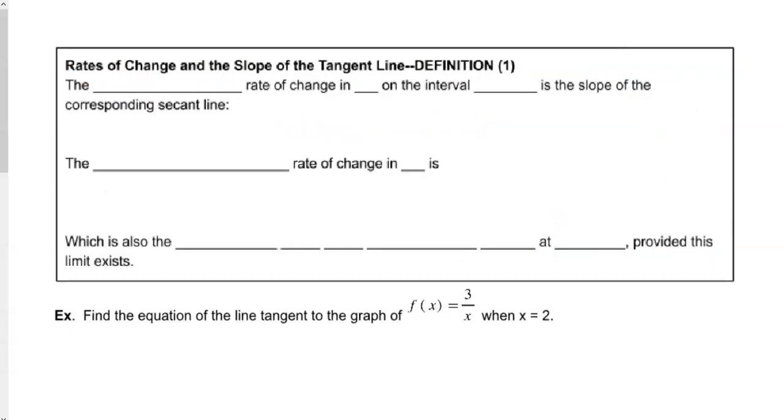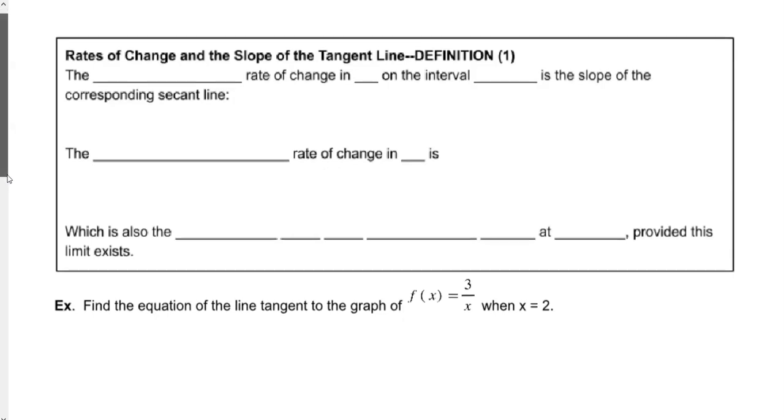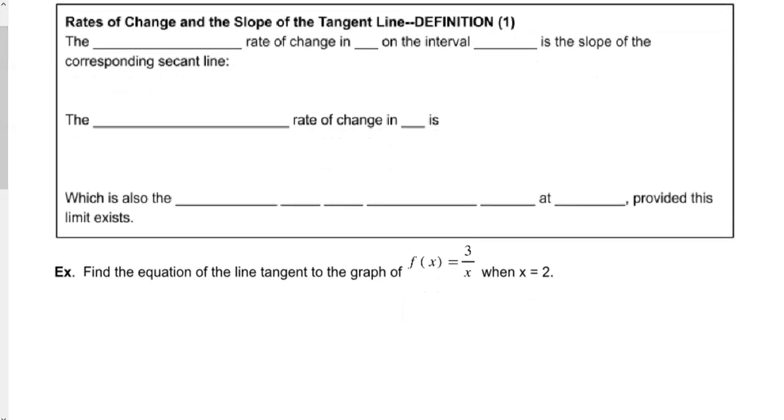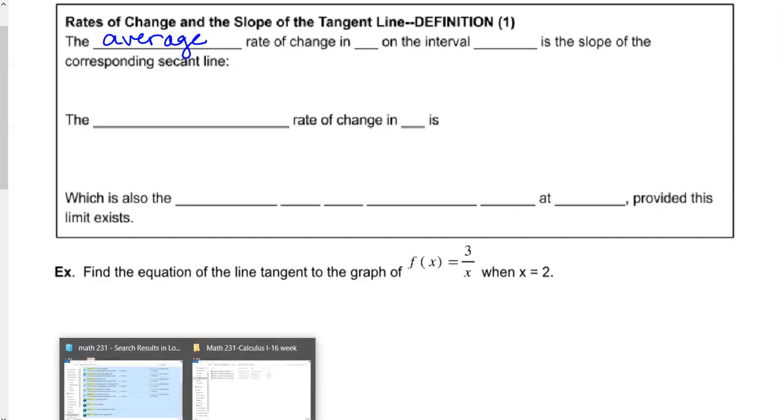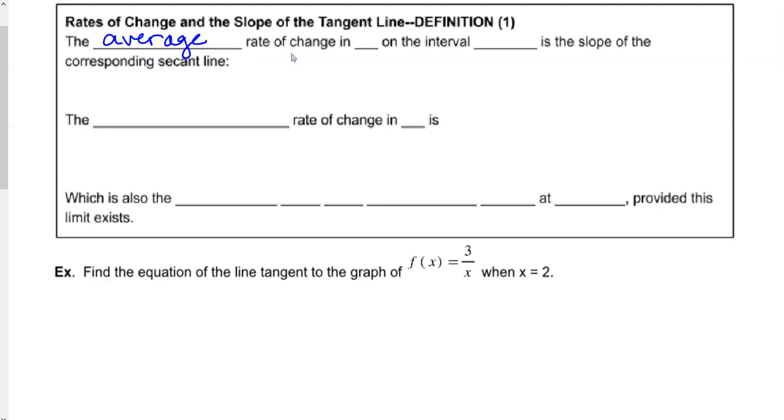And we're going to evolve into some definitions here that are going to help us to find the derivatives of our functions. For this first section, we're actually just finding derivatives at a point, and then we will evolve into the actual functions. So here I have the average rate of change in f on a closed interval from a to x is the slope of the corresponding secant line.